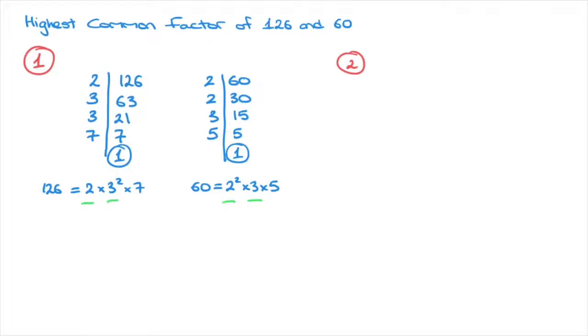And the lowest power of 3 that we can see is 3, so that's just 3 to the power of 1. So the highest common factor of 126 and 60 will equal 2 times 3. That's HCF equals 2 times 3, which of course equals 6. And there we go. That's how we can find the highest common factor of two numbers using prime factorization.